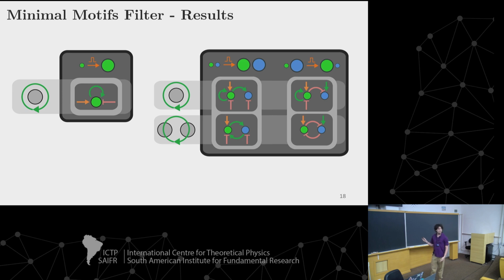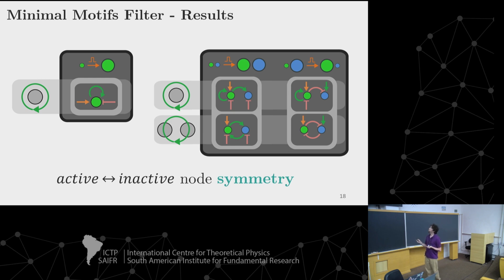And we also find these 2 ones where A activates, but B inhibits with the stimulus irreversibly. So you have these 2 cases, and as you can see, there's an active-inactive node symmetry: when you ask for nodes activating versus inactivating with the stimulus, you end up with the same motifs, only changing the signs of all the edges of the node you are asking for.